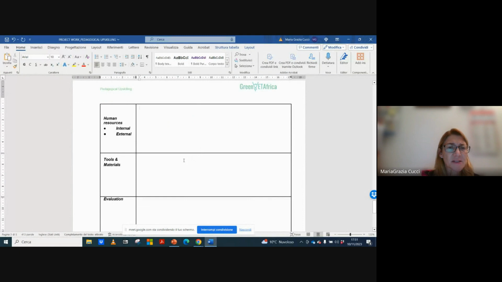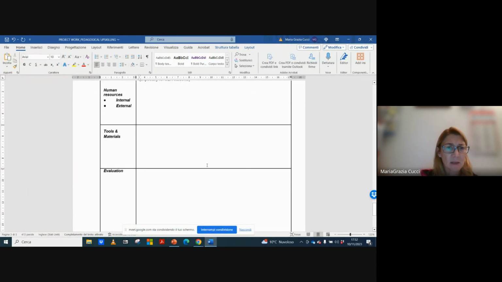Human resources, external, internal, especially for special educational needs students. Tools and materials. You can choose tools and materials from the folder.